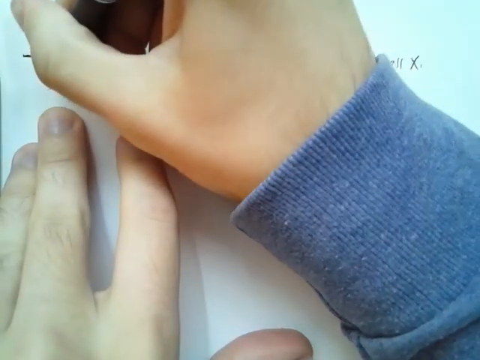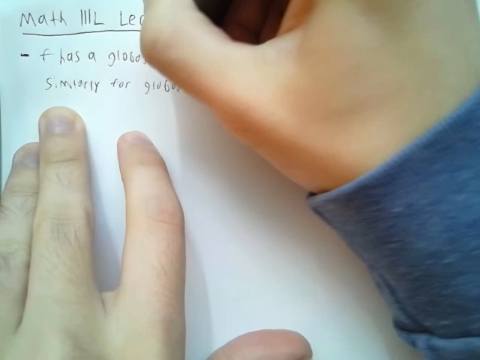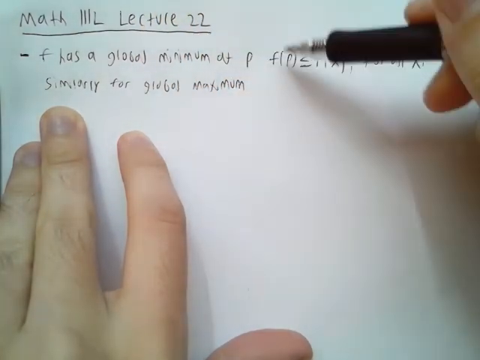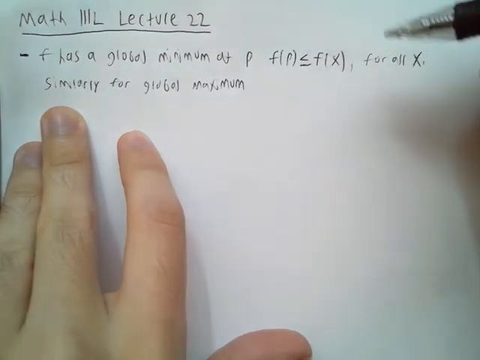So similarly, for a global maximum, we would have that instead f of p is greater than or equal to f of x for all x.